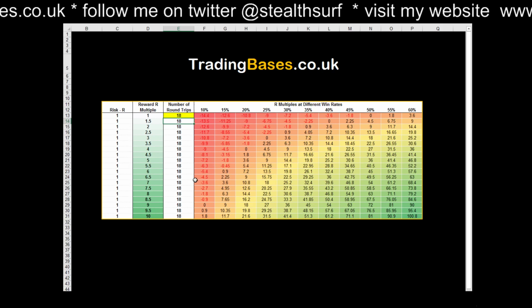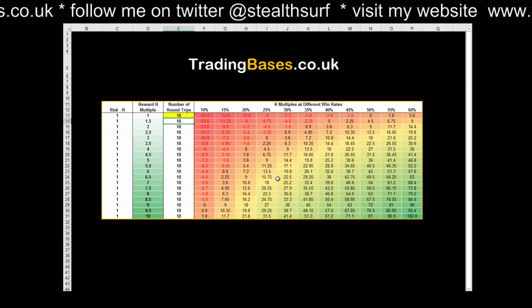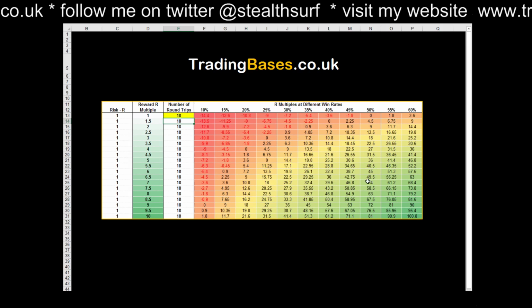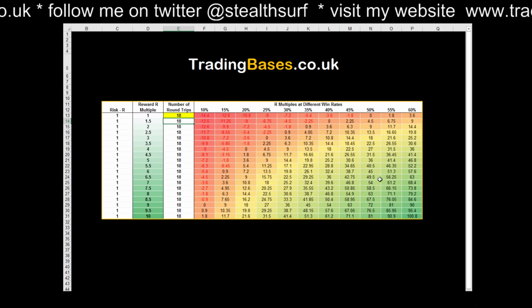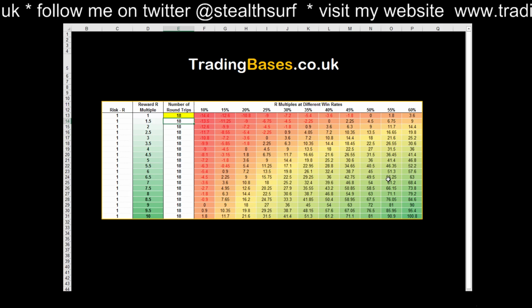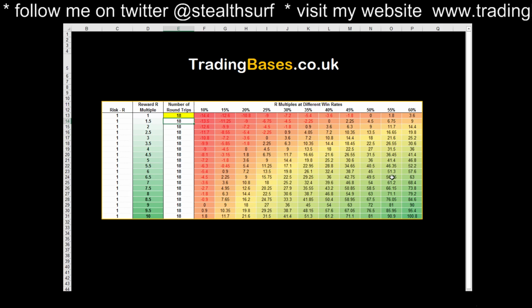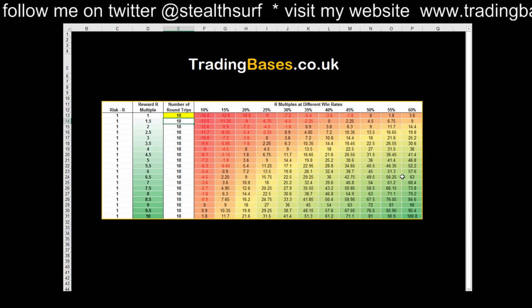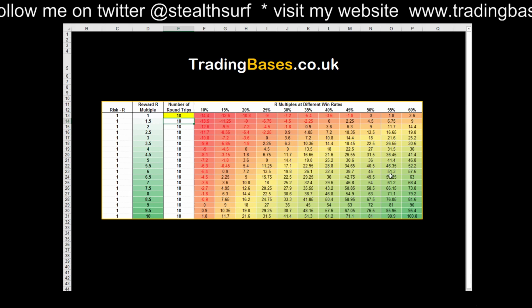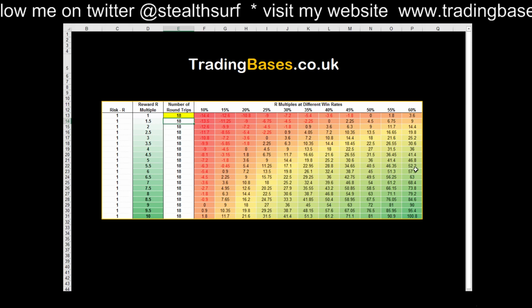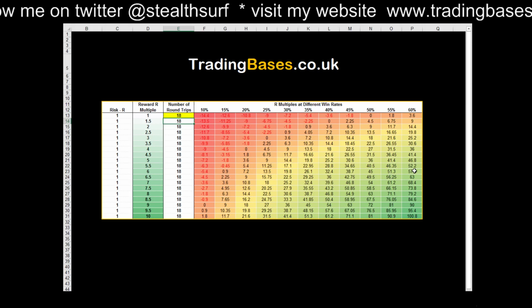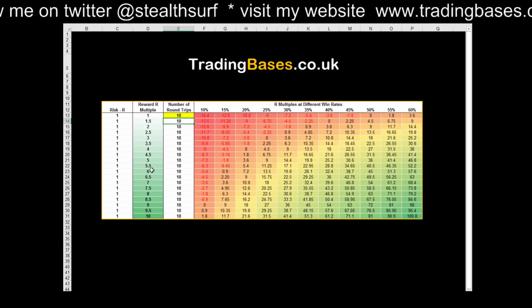And my winners were 6 point whatever times. Because some of those winners are on the old compounded account and some are on the new compounded rate, this is where I am, around here. 60% right, 6 times the multiples.